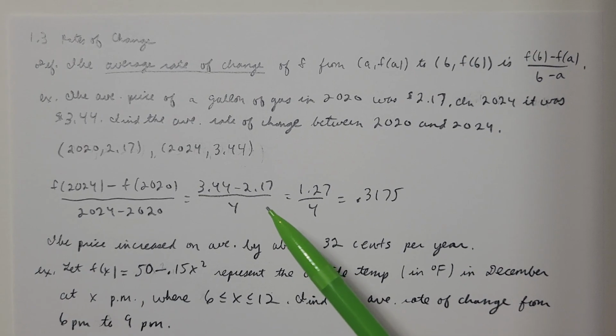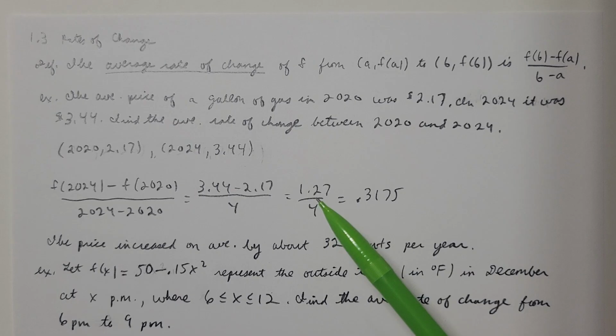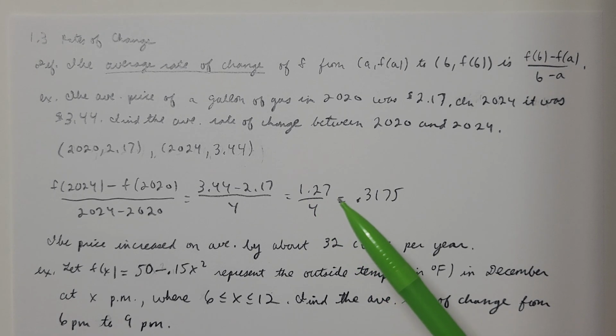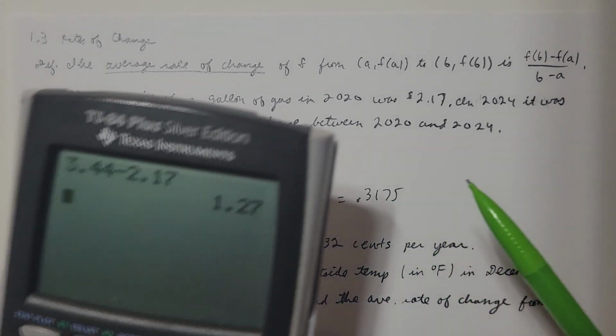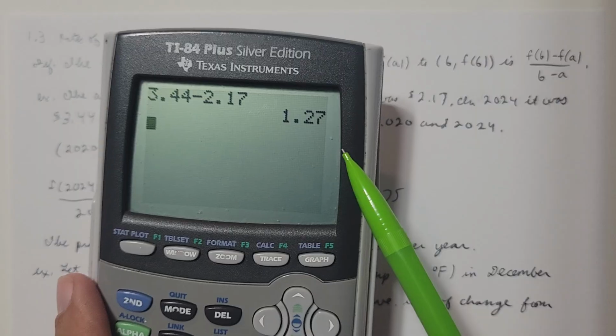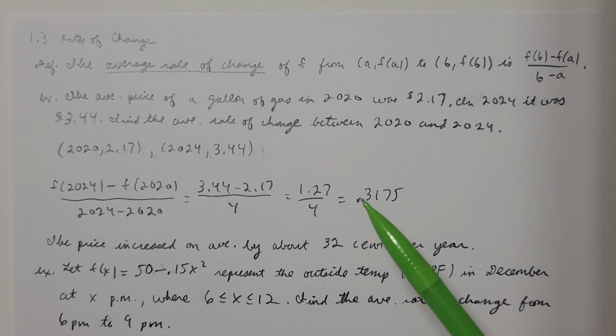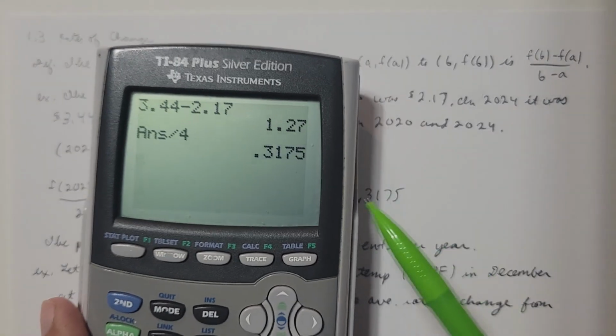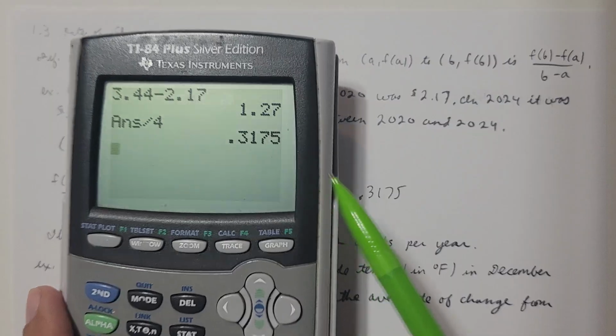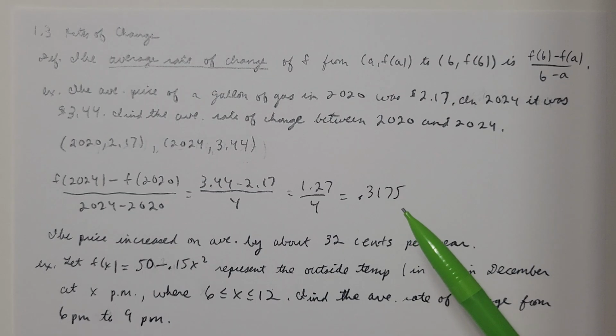So if I take 3.44 minus 2.17, I'm getting 1.27, okay? And then when I divide that by 4, we end up getting 0.3175.